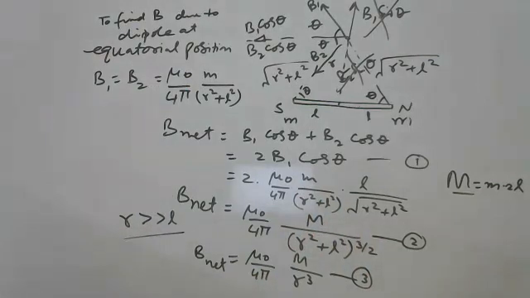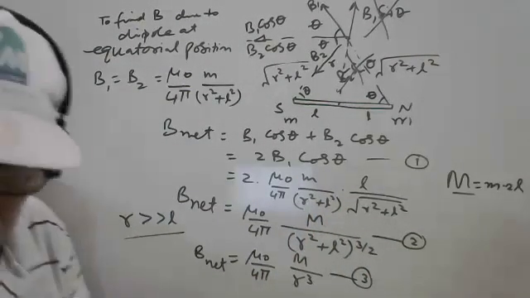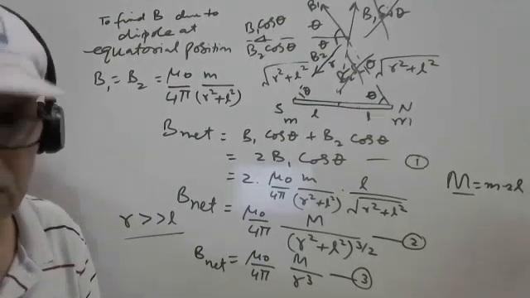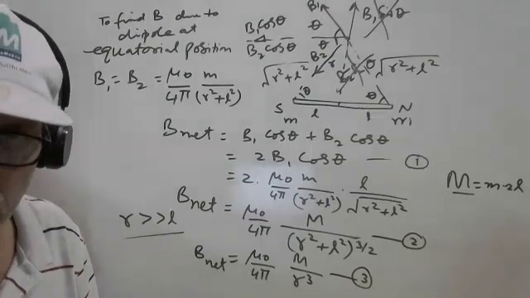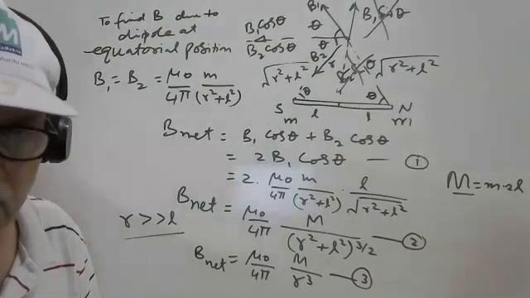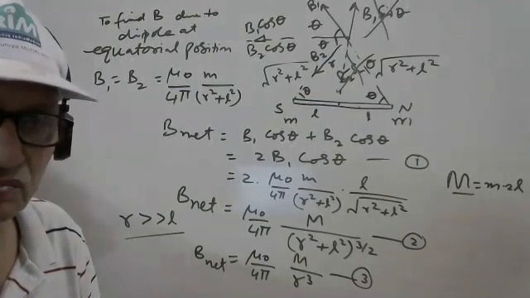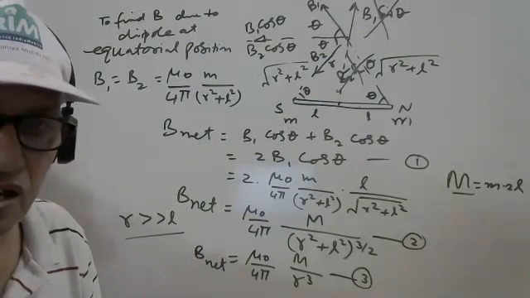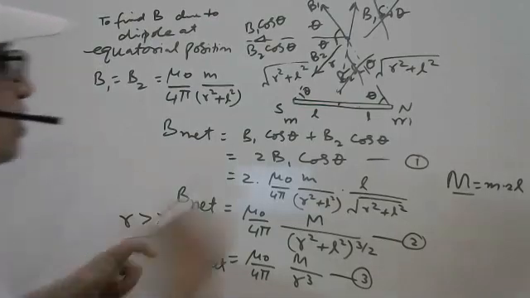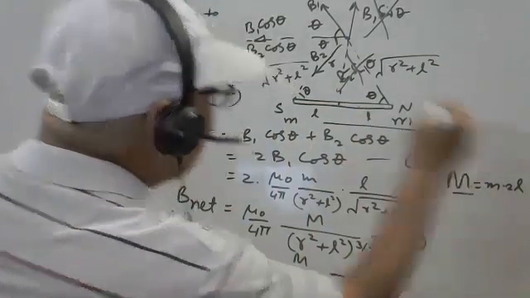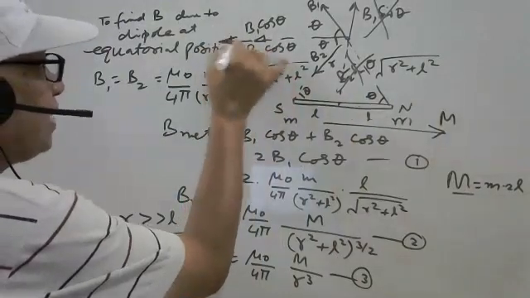And the direction of B net and M, same or opposite? Same direction or opposite direction? Sir, opposite. Yes, correct. Because south to north pole is M, and B net here is in the opposite direction.